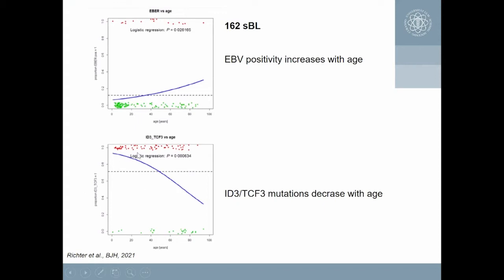If you look into young children with sporadic Burkitt lymphomas, they have up to 90% of cases having ID3 and TCF3 mutations, whereas in Burkitt lymphomas at higher age, the frequency is much lower and probably reaches about 30%. In turn, the EBER positivity, so the expression of Epstein-Barr virus encoded RNAs, is increasing with age, so EBV positivity inversely correlates with age to the mutations.